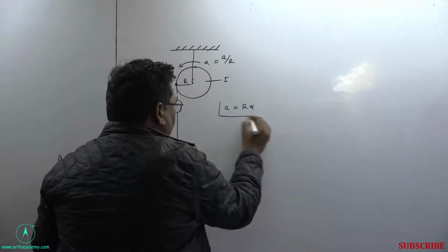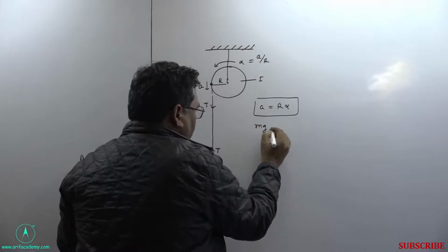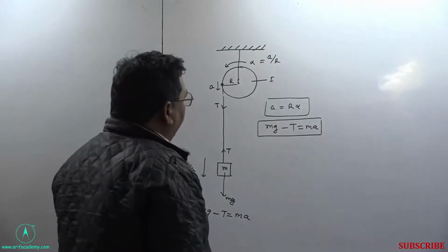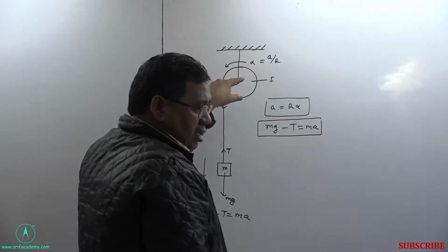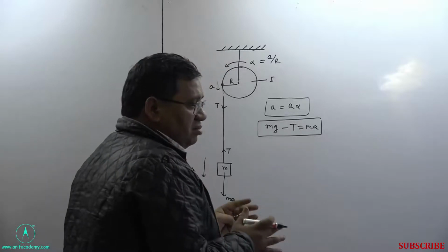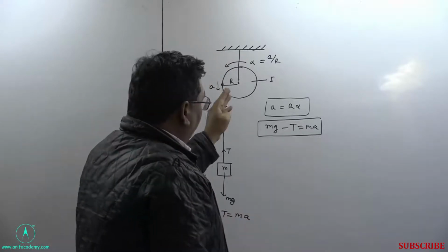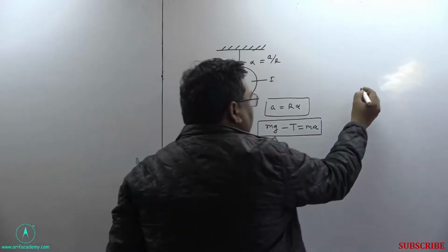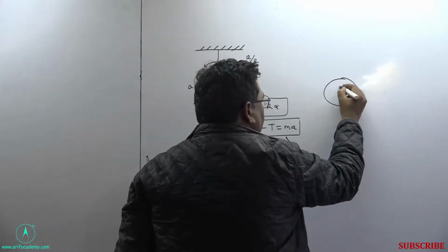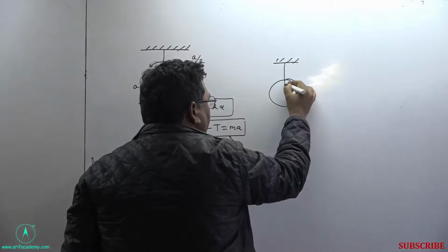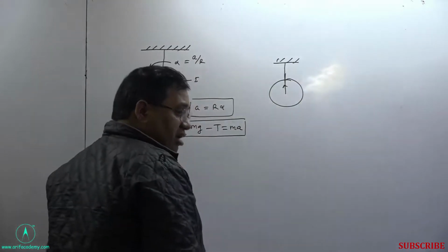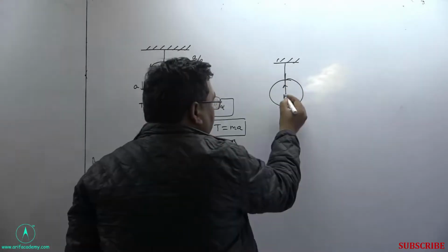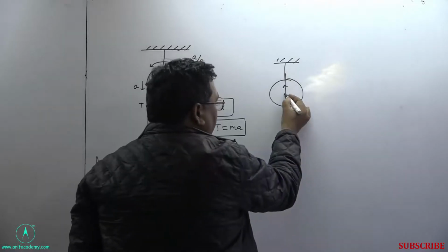So we have got this equation, mg minus T equal to ma, and since this pulley has angular acceleration, there must be a net torque on the pulley which is generating this angular acceleration. So what are the forces on the pulley? The force which acts on the center will generate no angular acceleration because its torque will be 0, as it is passing through the center.